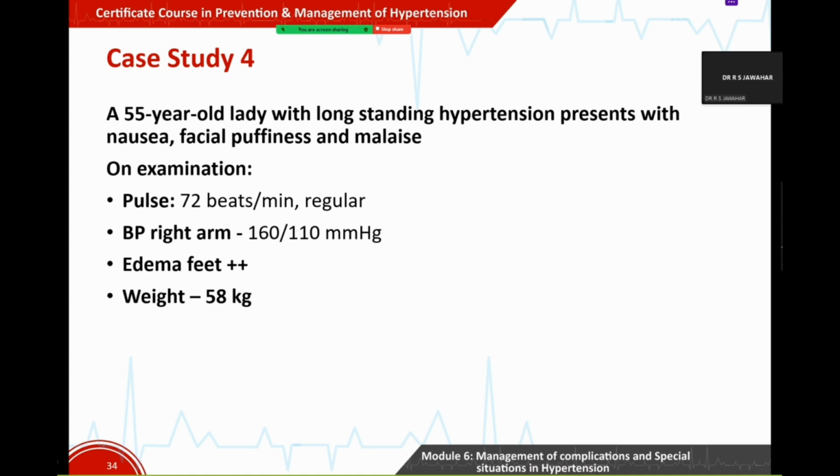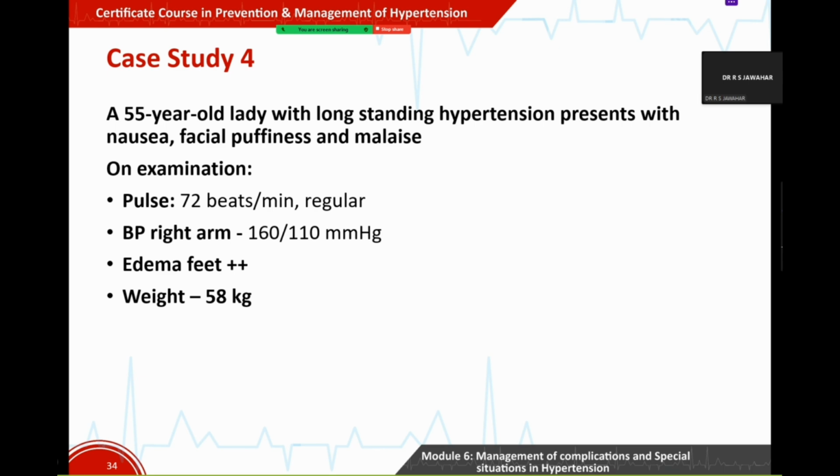Here, a 55-year-old lady with long-standing hypertension presents with nausea, facial puffiness and malaise. See, long-standing hypertension. Now nausea, facial puffiness and malaise.